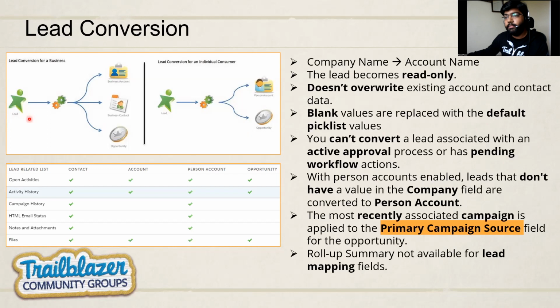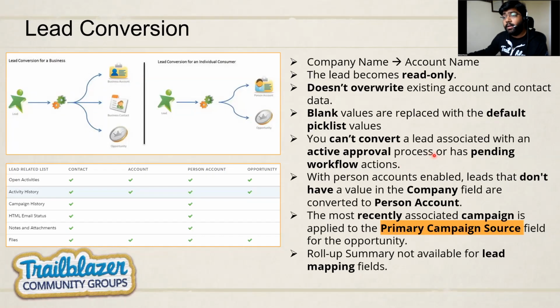So if there is no information on the lead and you are creating a new account, then the system will apply the default information which you have on the field. And you cannot convert a lead when it is in pending status with any workflow or in an approval process. In any of those automations, if it is in a pending status, it will not be available for conversion.